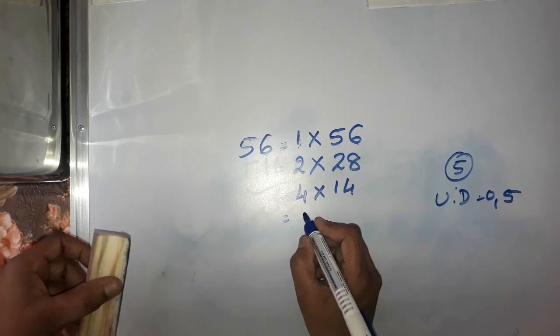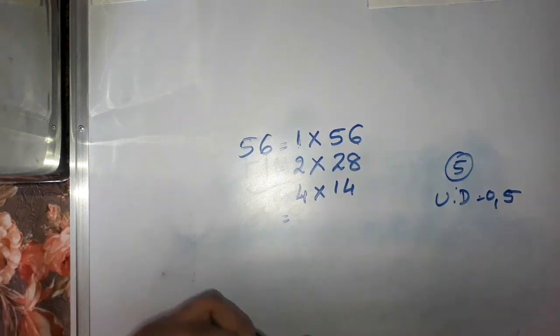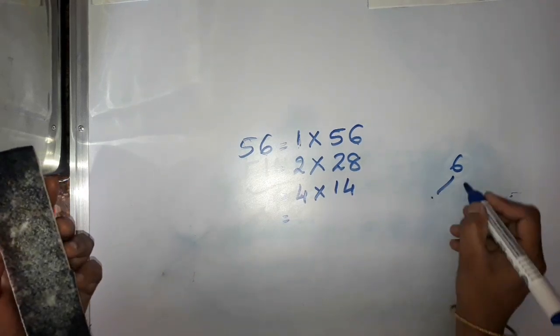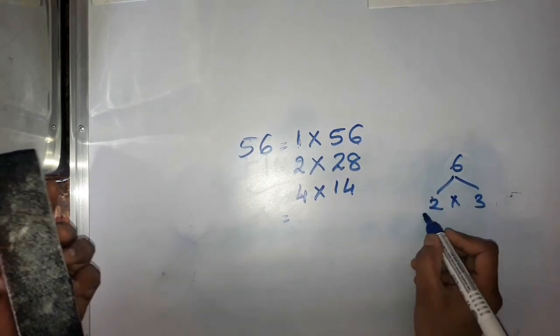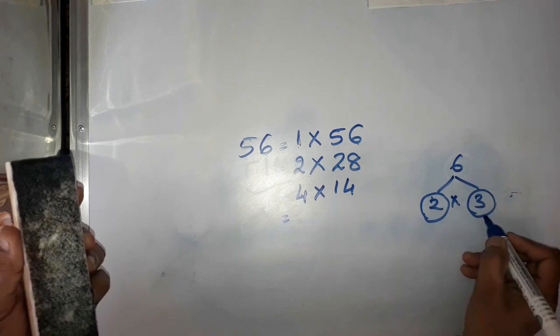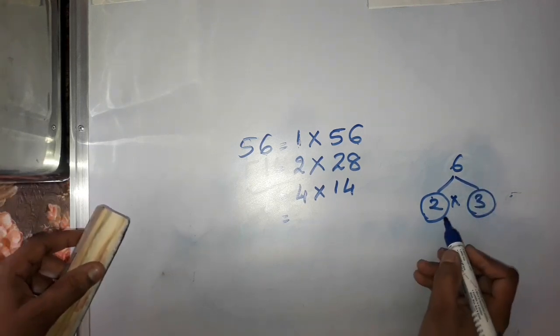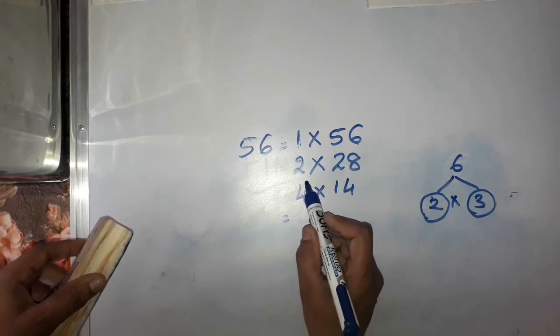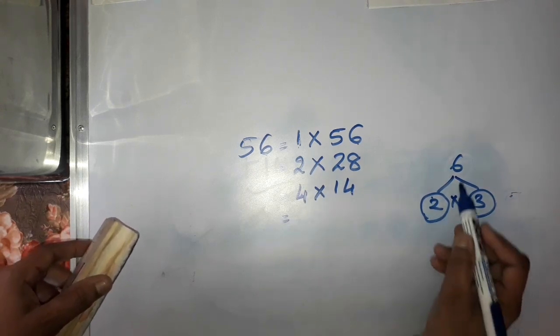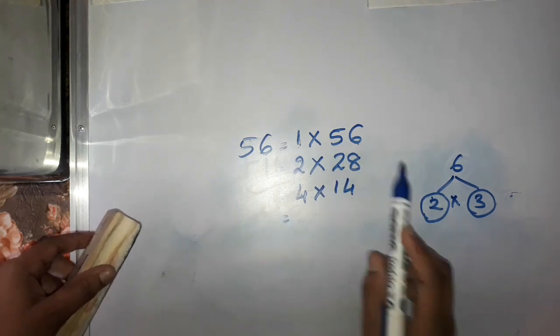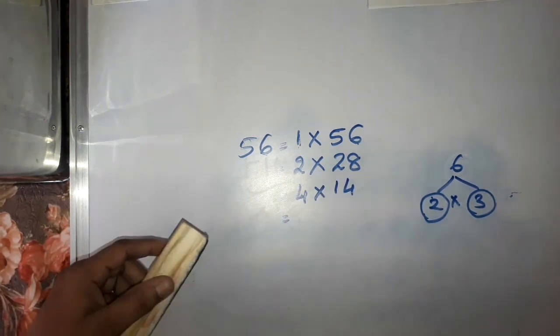So is 6 a factor? As you know, when a number is divisible by 2 and 3, the number will be divisible by 6 also. So here the number is not divisible by 3, so you can say that 6 is also not a factor of the given number. Okay.